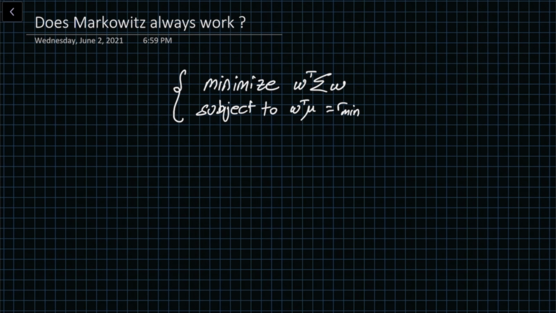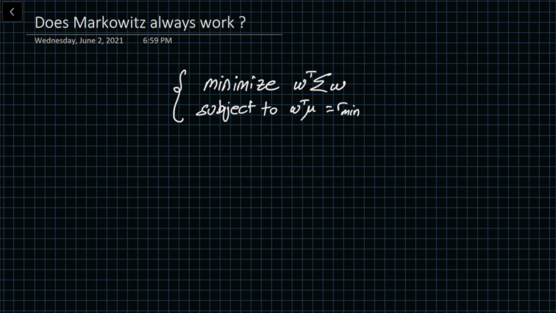If you recall, in my previous lectures on the Markowitz portfolio optimization problem, we had some additional constraints, such as the sum of Wi is 1 and each Wi is positive. But we're going to drop those two constraints just to get a simplified solution.